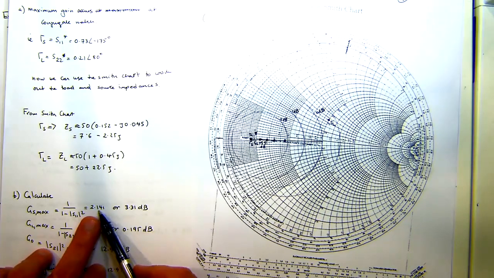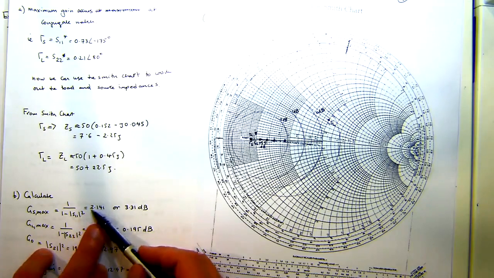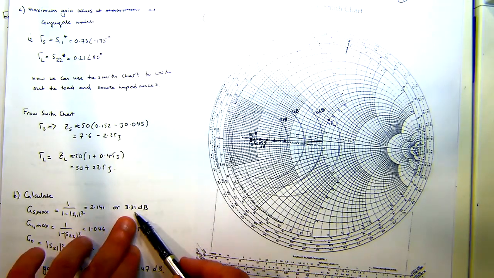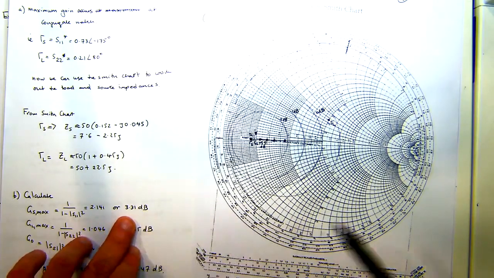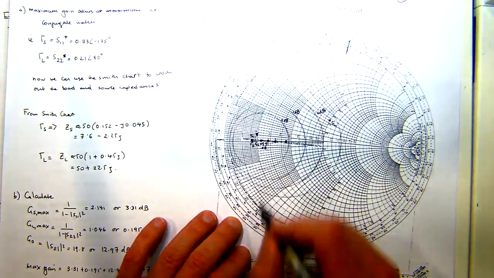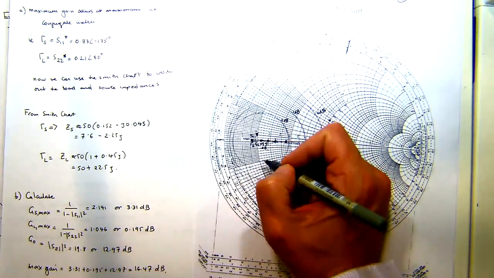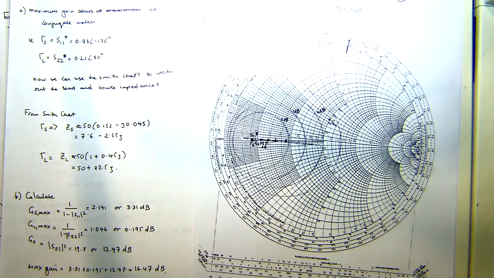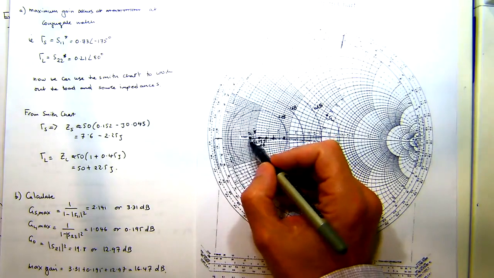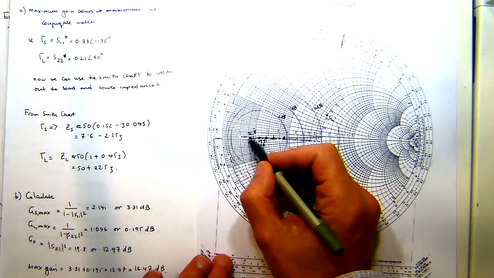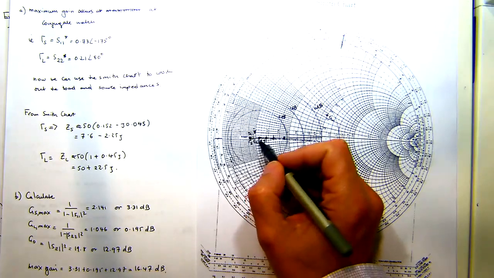It's equal to 2.14 once you do the substitution, or if you convert it into dB, it's 3.31 dB. So all I've done is draw this line, draw this point, and write the value that I've calculated for gain, 3.31 dB. That's the gain at that point. For this transistor, because it's stable, the maximum gain of the source matching network is 3.3 dB.